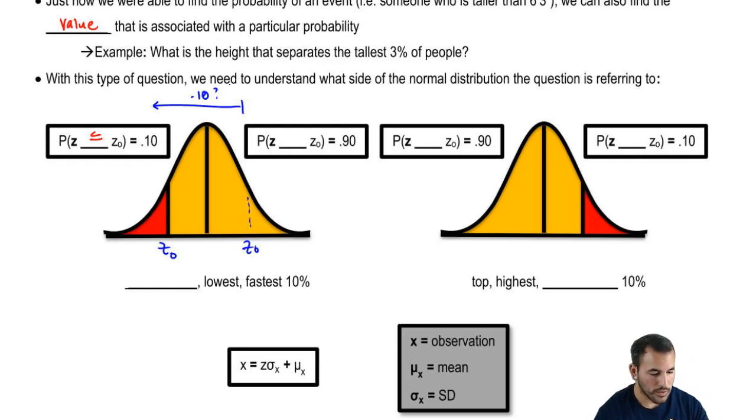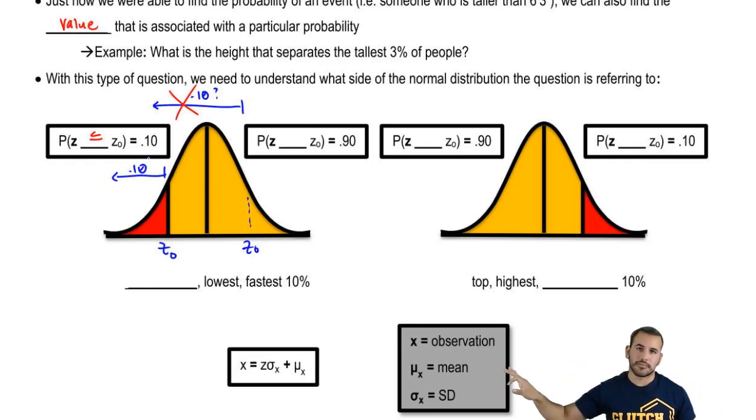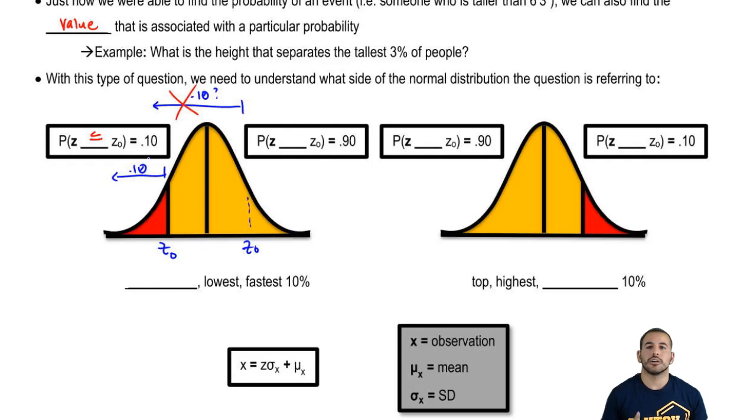So we say that this z is on the left side because it makes way more sense that 10% is from this z-score on the left all the way down. Does that make sense? So that tells you which side, left or right, of the tail that you're focusing on. Now the other side, they can ask you, for example, find the z where the probability that z is greater than this particular number is 90%.